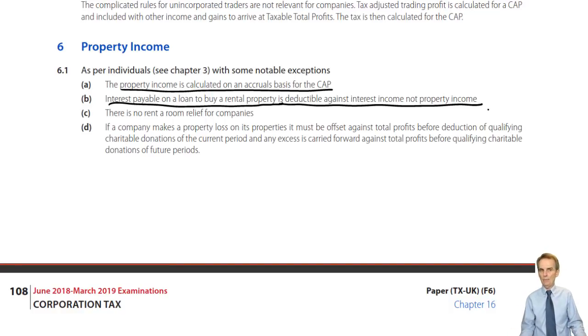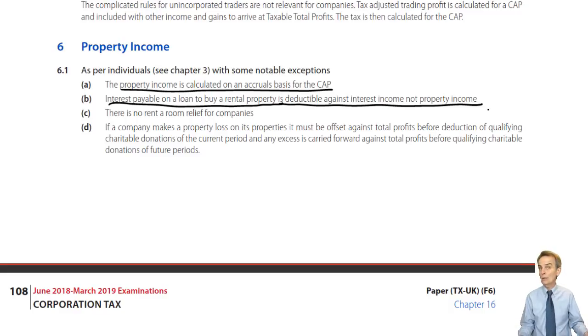If we were talking about income tax, as we know, then that's a separate issue. We have always been able on a rental property to gain relief in relation to the interest paid on the loan taken out to purchase that rental property. We've been able to take that relief against our property income on an accruals basis there.